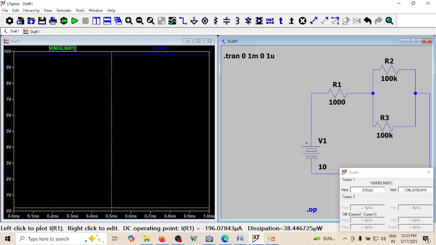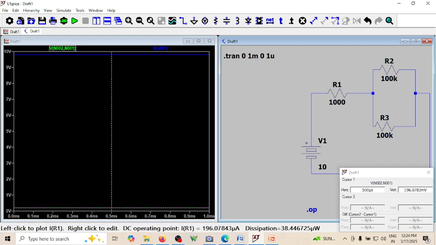To have the direction go from left to right, I can simply move this resistor, rotate it and replace it. So okay, now this is done. Let me run this. You can see now this is fine.